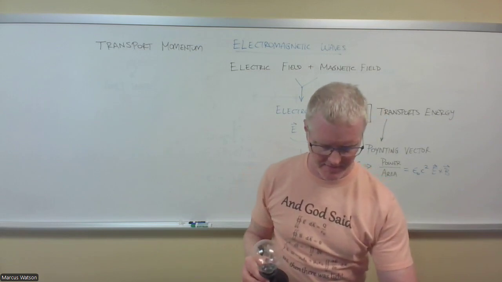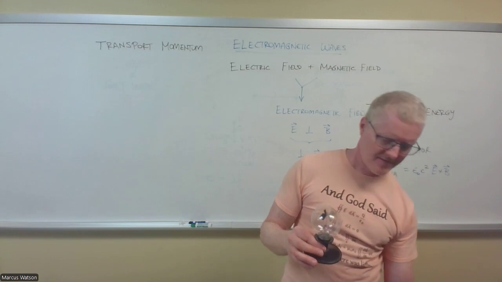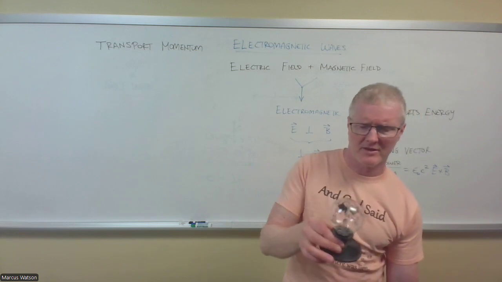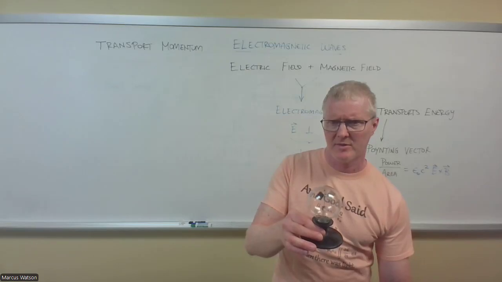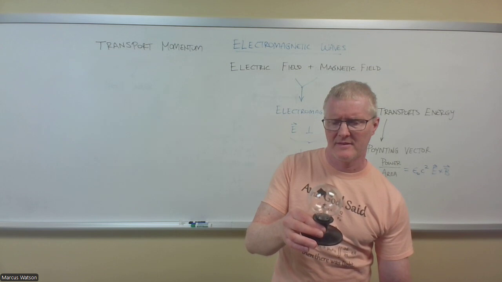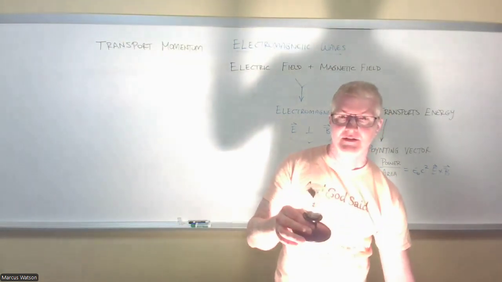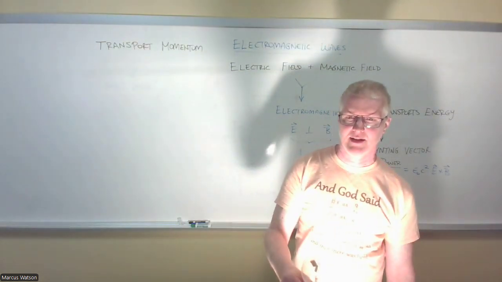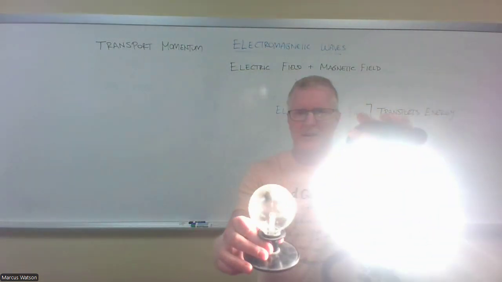I'm going to put this up a little bit higher, but that's going to blast me right in the face. Let's see if I can hold this and get it to stop moving. Now I'm going to hold it in front of the light.